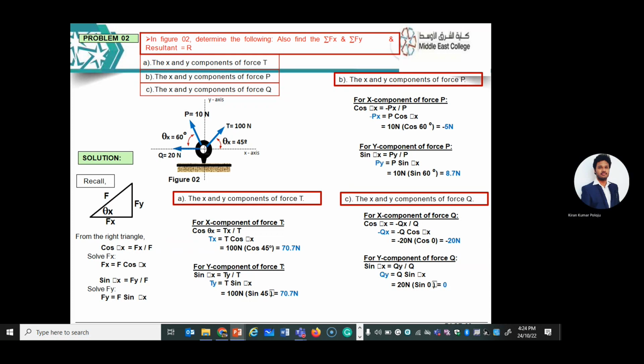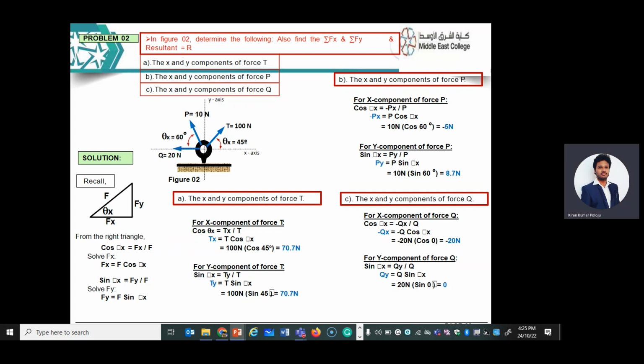What is this quadrant? Do you remember this from mathematics? First quadrant, second quadrant, third and fourth. In this quadrant, everything is positive. I don't want to go into mathematics.